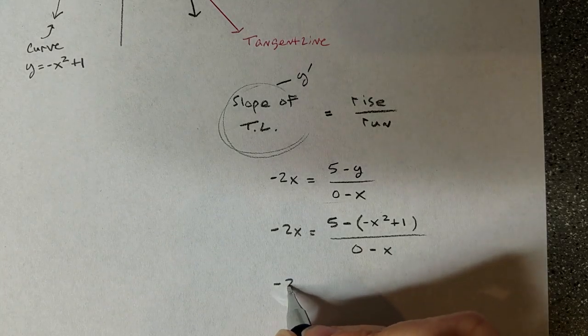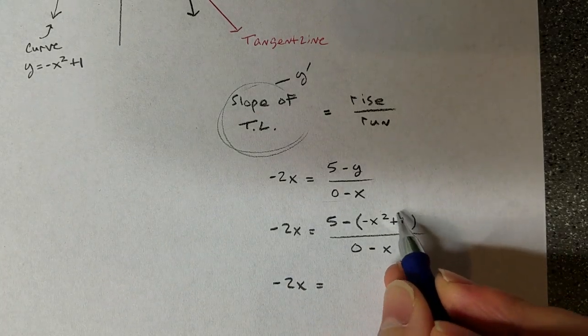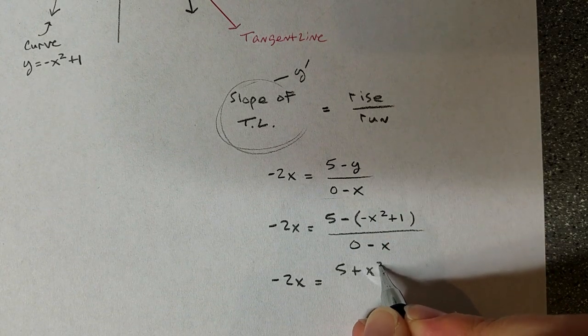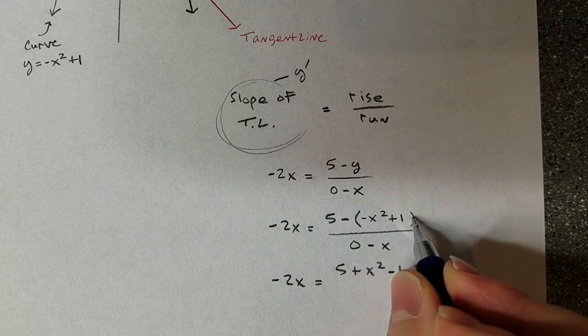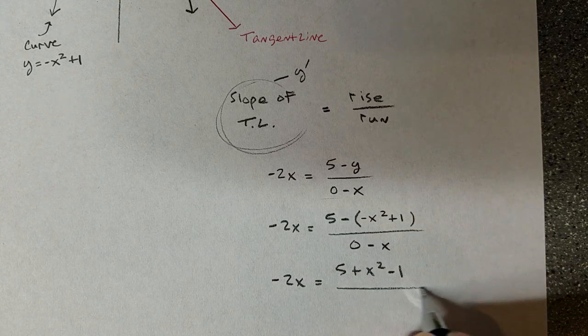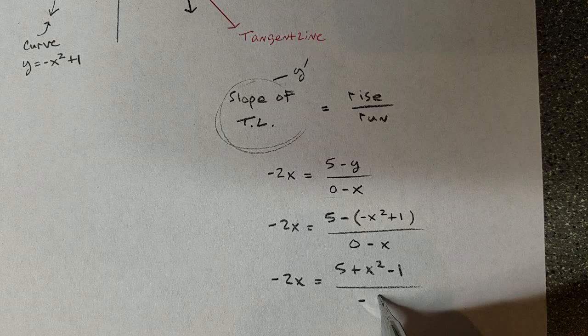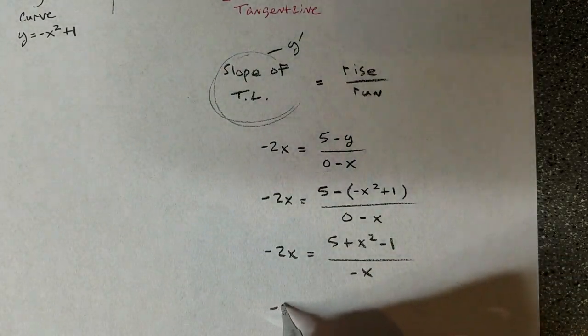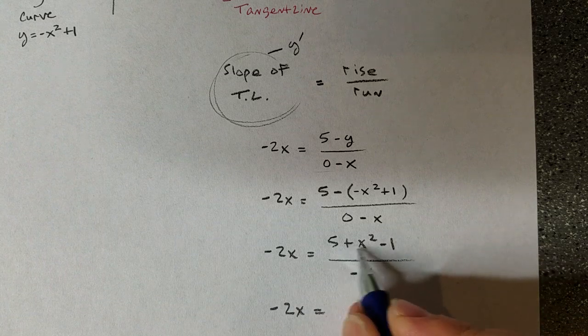So let's see, negative 2x. All right, we'll do a little subtracting here. We'll get 5 plus x squared minus 1 if we distribute that negative. Here, this will just be negative x. All right. We'll combine some like terms. We'll get negative 2x. We'll get 5 take away 1.